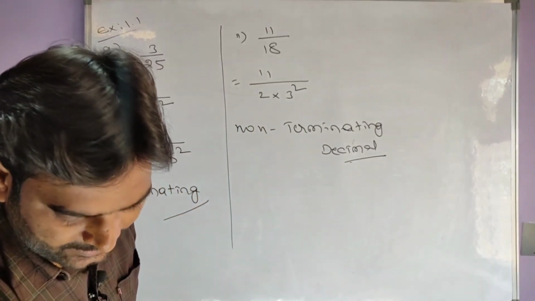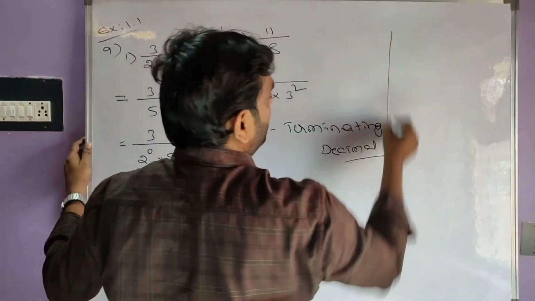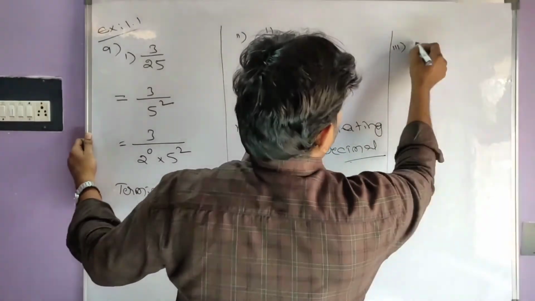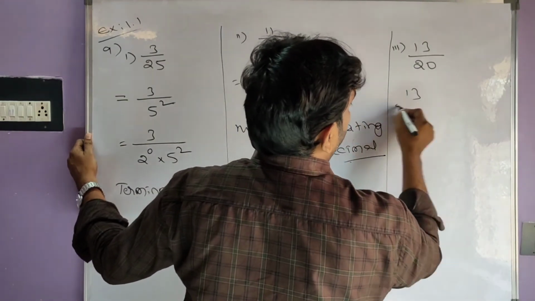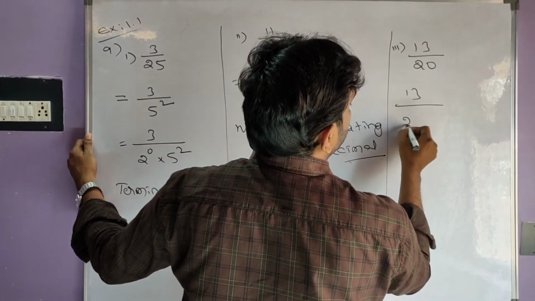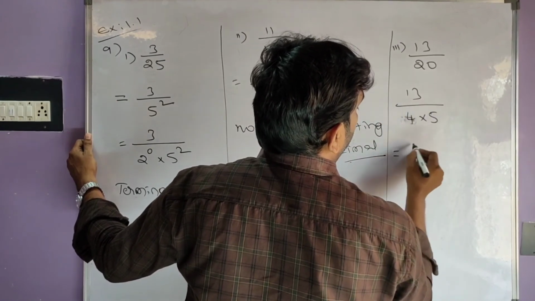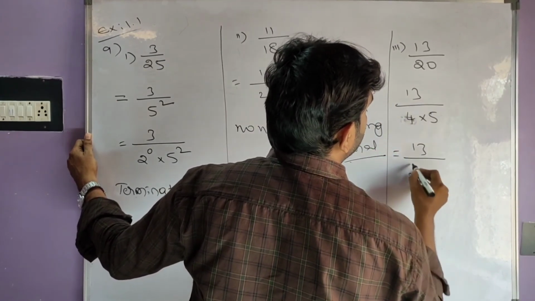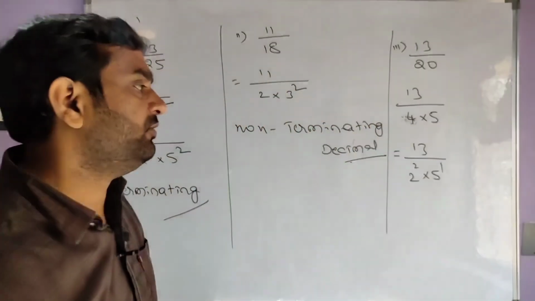Next, another one, 13 by 20. 13 by 20 can be written as 13 by 4 into 5, and that is 2 square into 5 power 1.